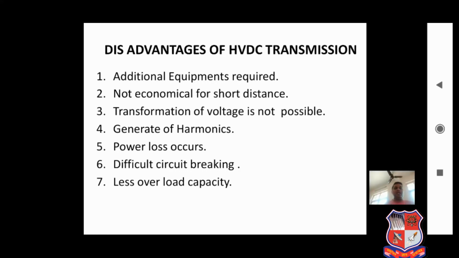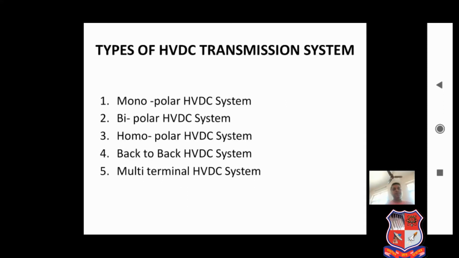Difficult circuit breaking: obviously circuit breaking in direct current is very difficult, and DC circuit breakers are very costly. Less overload capacity: obviously they use power electronic devices, so they have less overload capacity.